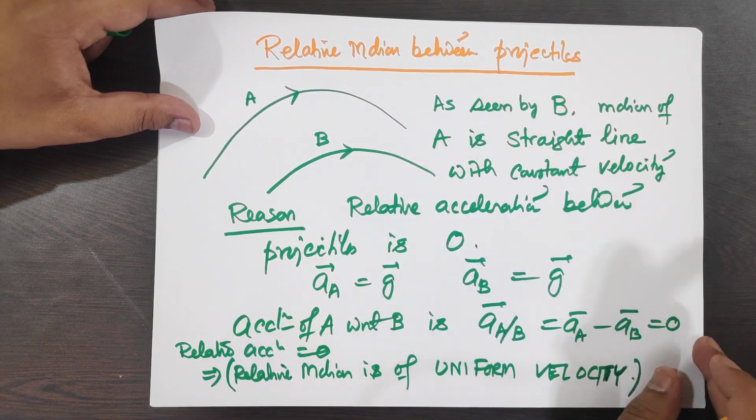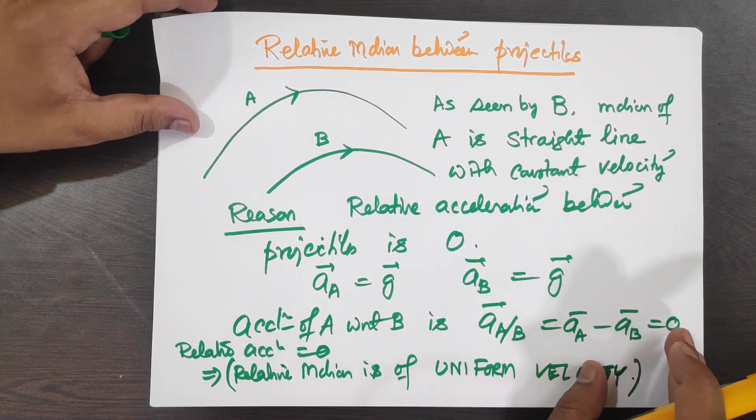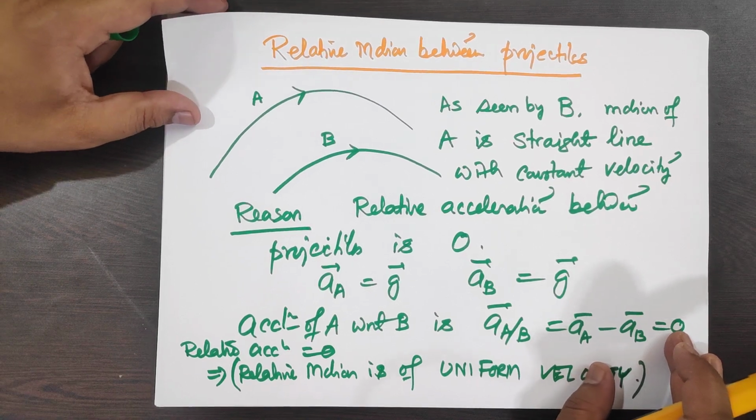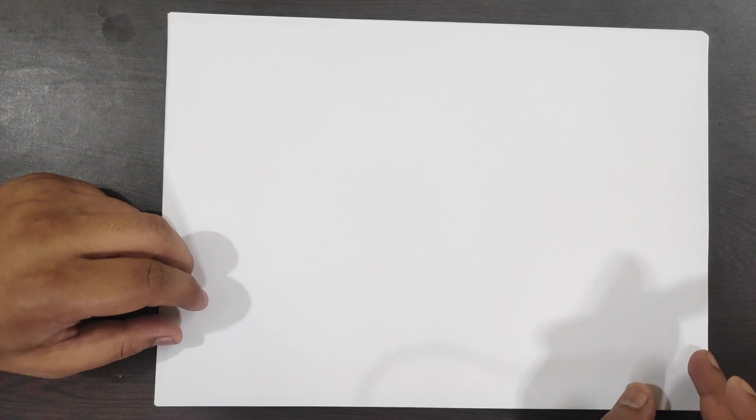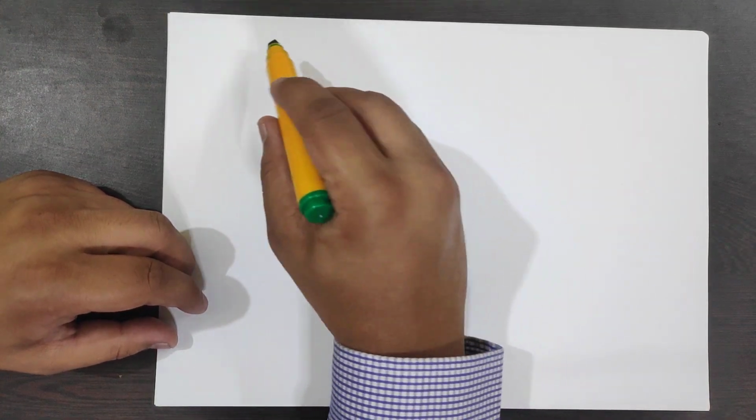So by subtracting accelerations, we can conclude that the relative motion has constant velocity. So it is easy to find out that.